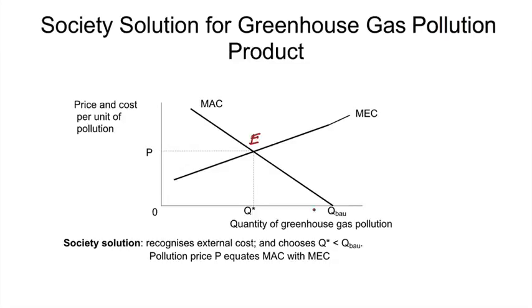So I'm going to shift pollution from quantity business as usual to quantity Q star, and that means that pollution has now an official price, P, per unit of pollution. And for society, that's going to be the most efficient level of pollution.